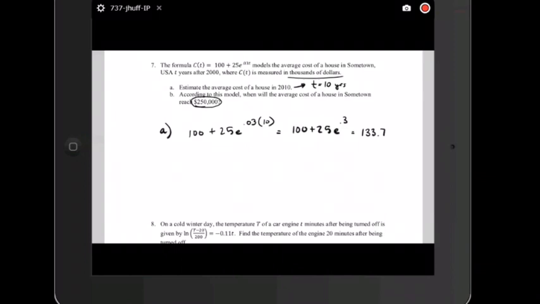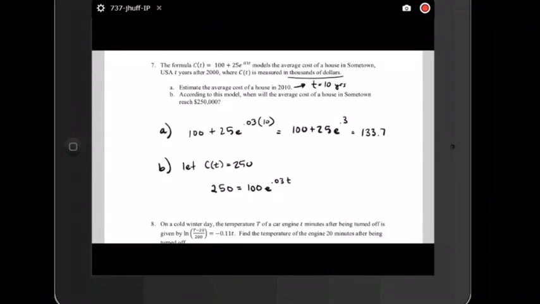Now 250,000 is the cost, so it's going to plug in for C of t, but C of t is measured in thousands of dollars already, so for part B, you let C of t equal 250. So we're going to solve the equation 250 equals 100 plus 25e to the 0.03t.